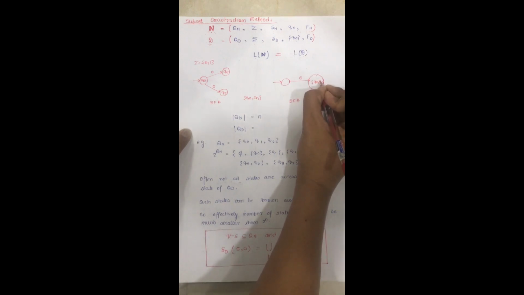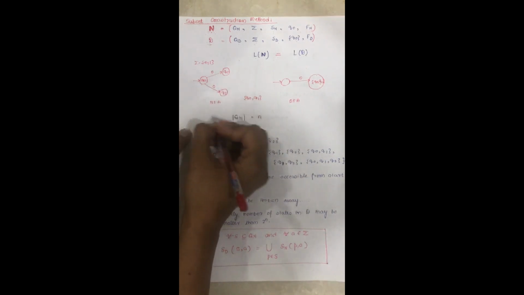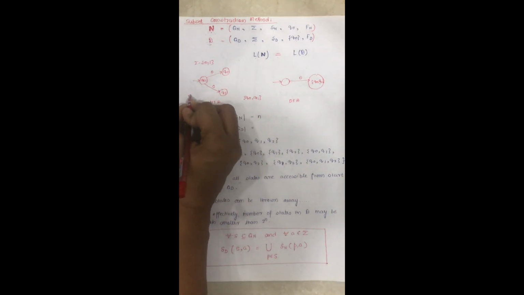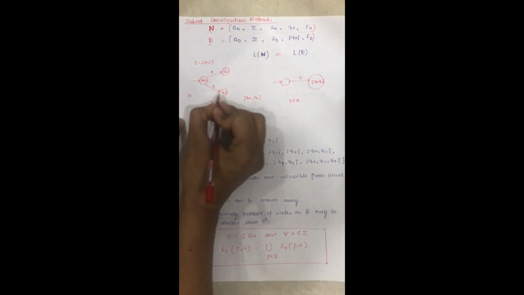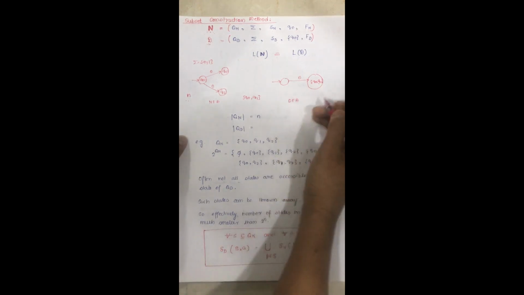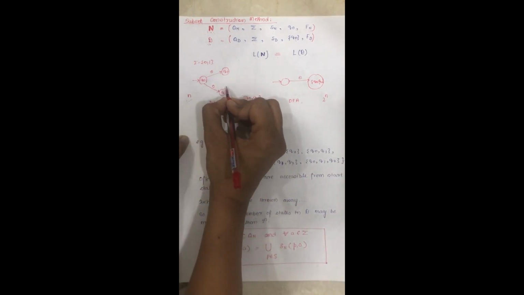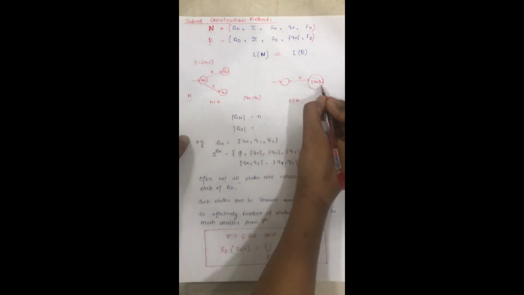In a particular NFA, suppose the NFA has n number of states. Then 2 raised to the power n such pairs are possible. So we can say that in the DFA there will be 2 raised to the power n states, because 2 raised to the power n such pairs are possible.